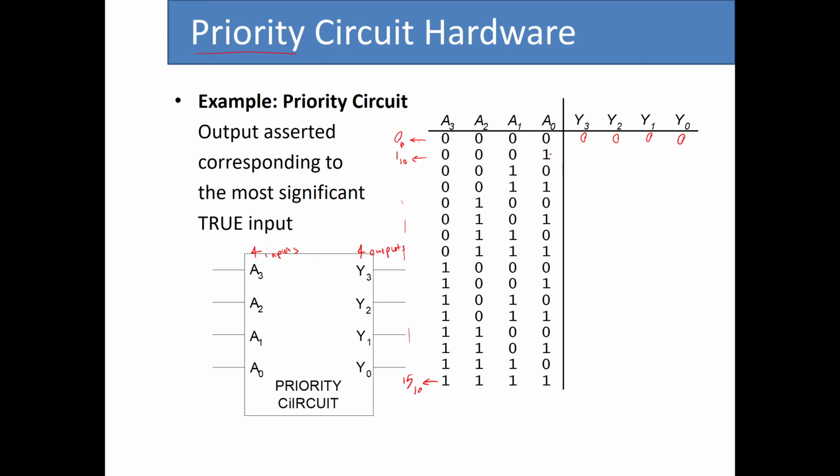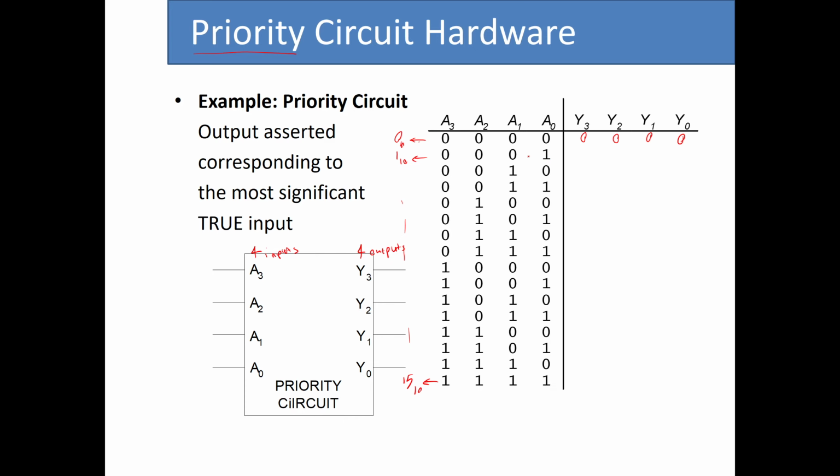For the next row, A3, A2 and A1 are 0, and A0 is 1. So between all these 4 inputs, only A0 is 1, and no bit has higher priority.